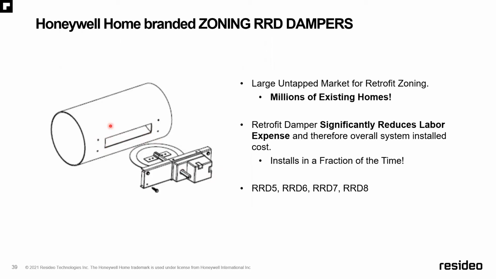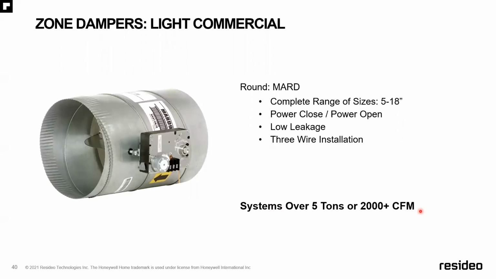So you'll be able to put this damper that has the sealer around the edge of it into the ductwork, and you've got the ability to zone 5, 6, 7, and 8-inch dampers in a system. It's a really neat thing if your part of the country lends itself to that installation.